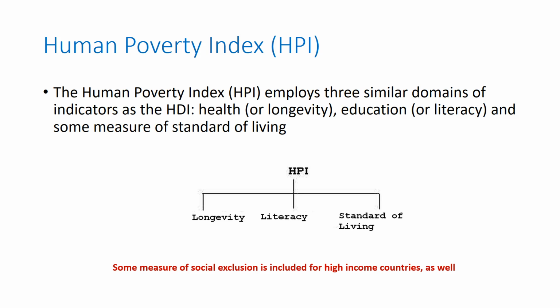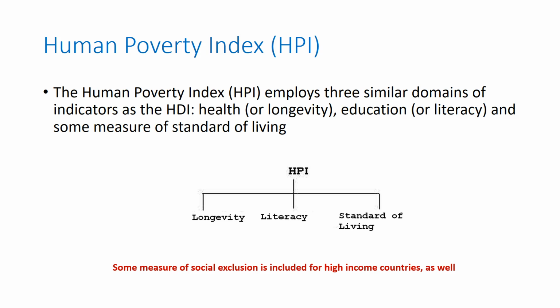Sometimes the HPI also includes a measurement of social exclusion. Remember, we had established in an earlier lecture that the extent to which you can engage and collect social capital is often determined by social exclusion. And if you can't participate in your society fully, you are impoverished in an intangible way.